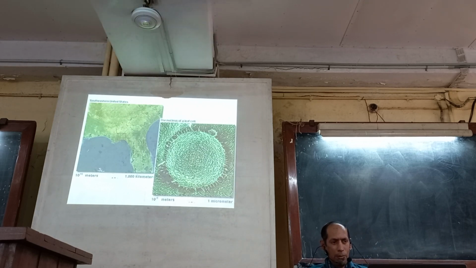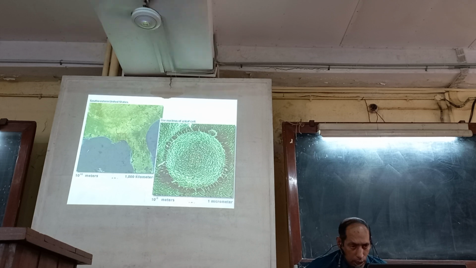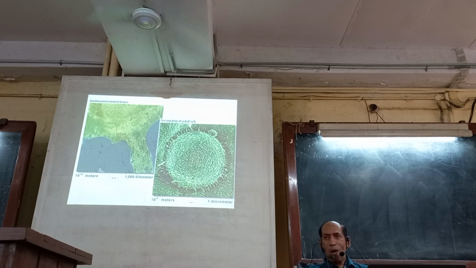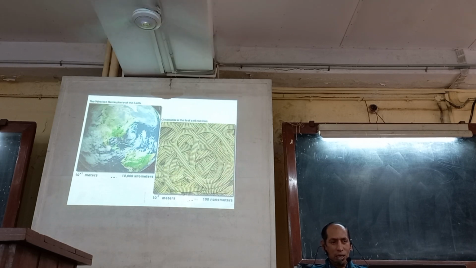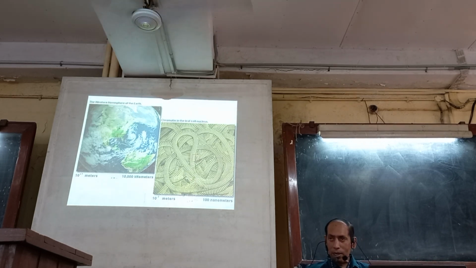The Panama Canal, Atlantic Ocean, connecting Pacific Ocean, and you are in the nucleus of a single cell of the leaf. You are seeing the western hemisphere of the earth. Here you are seeing the DNA, RNA, chromatin.